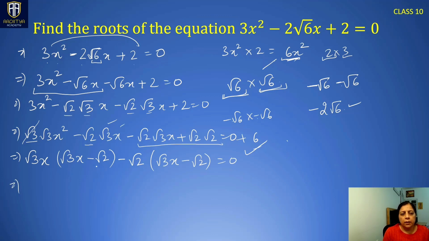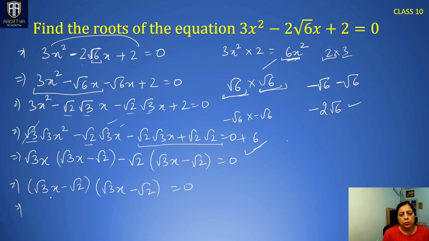So root 3x minus root 2 bracket is common to both the factors. After taking this common, I have root 3x minus root 2. You can see that both the brackets are same, right?